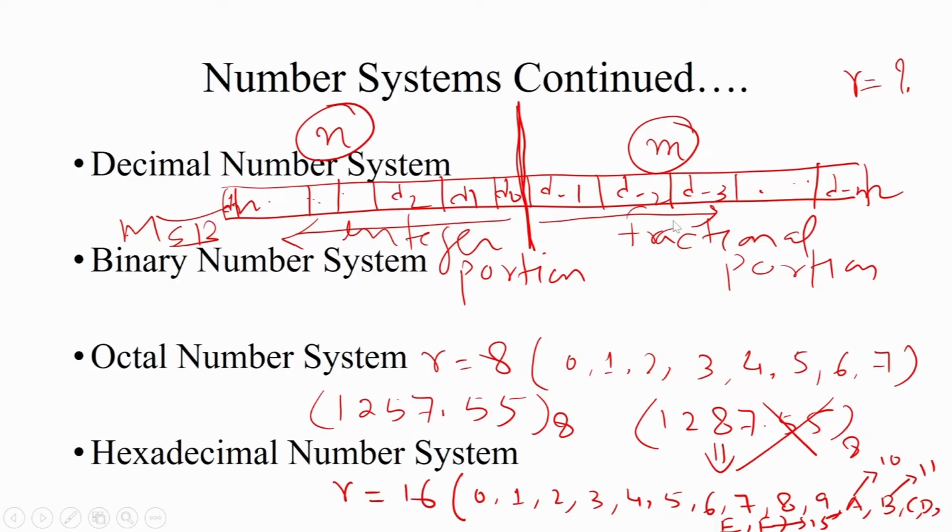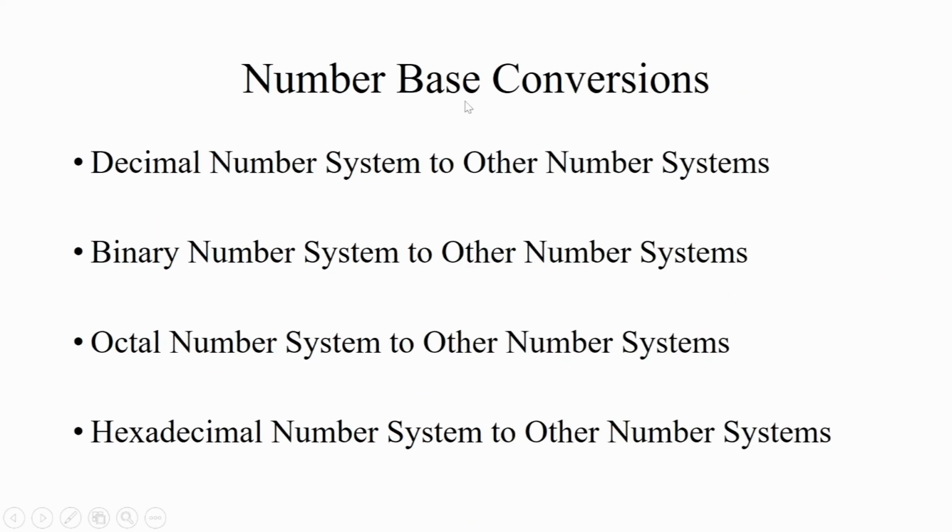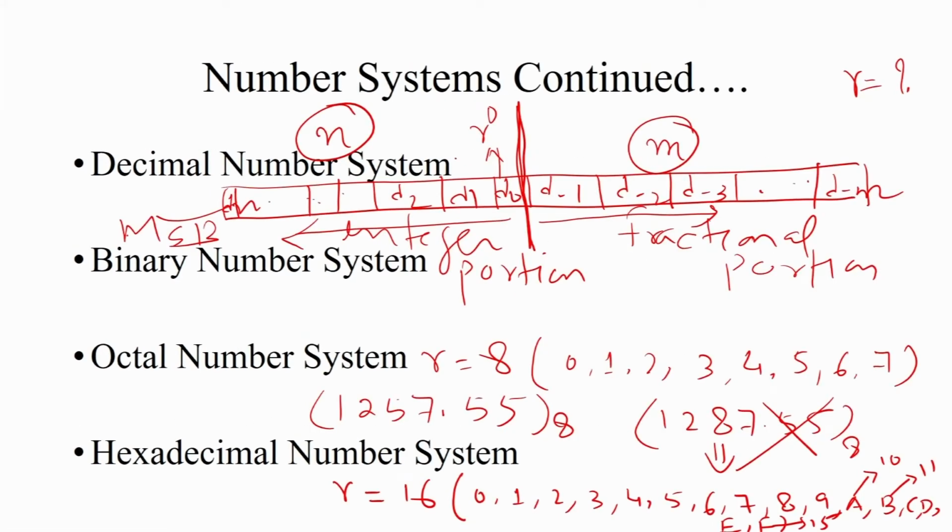And here the index positions are multiplied by what? They are multiplied by the base. This digit is multiplied by base to the power 0, similarly this is multiplied by base to the power 1, and up to base to the power n.